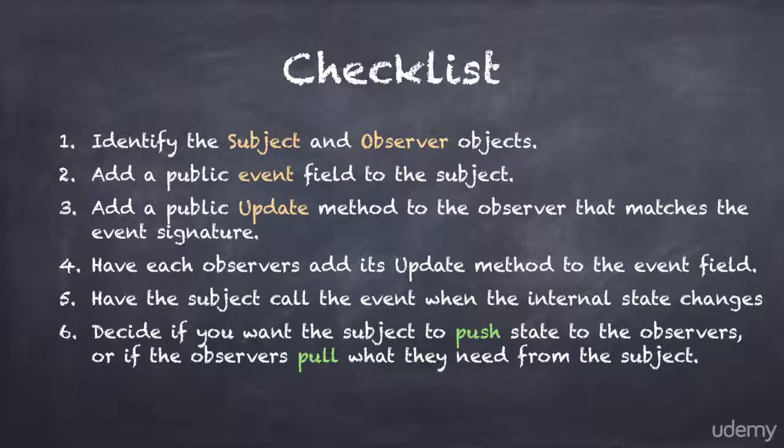Have each observer add its update method to the event field. Have the subject call the event when the internal state changes. And finally, decide if you want the subject to push states to the observers or if the observers pull what they need from the subject.